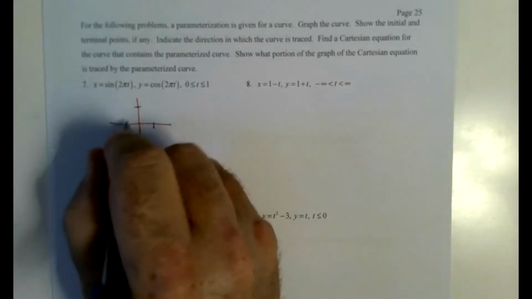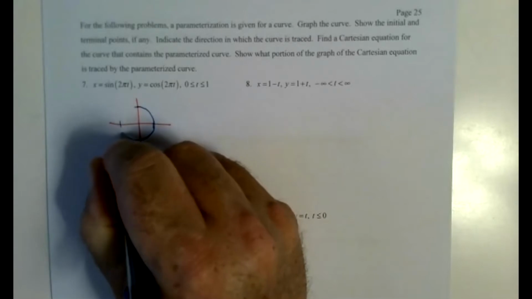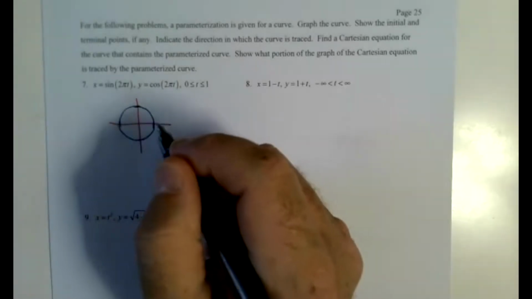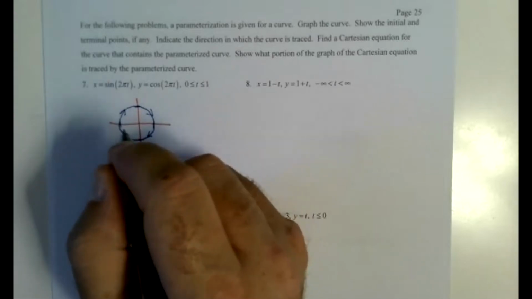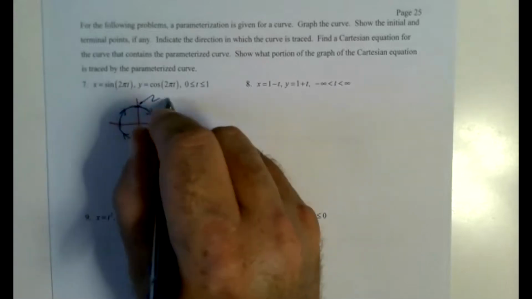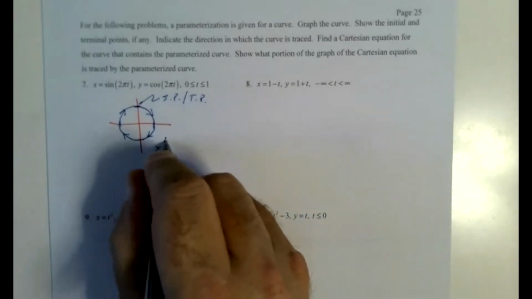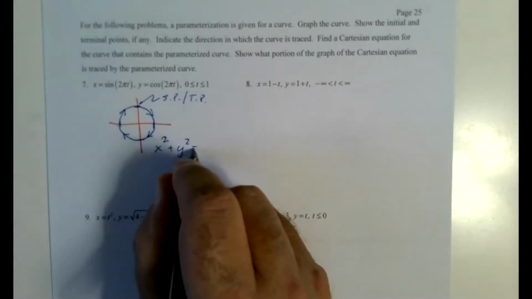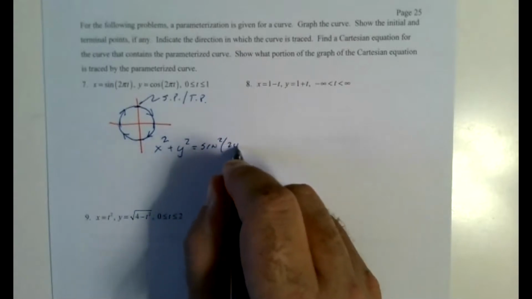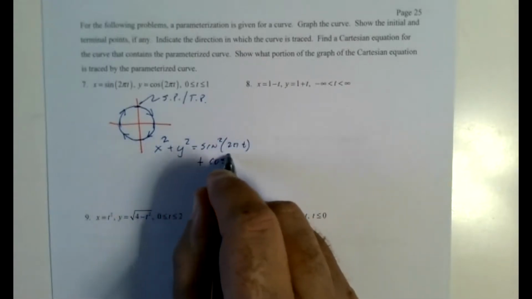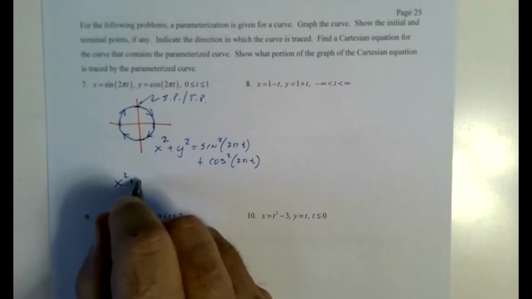So this goes out to 1, up to 1, left. So this is your starting point, terminal point. x squared plus y squared equals sine squared 2 pi t plus cosine squared 2 pi t, also known as x squared plus y squared equals 1.